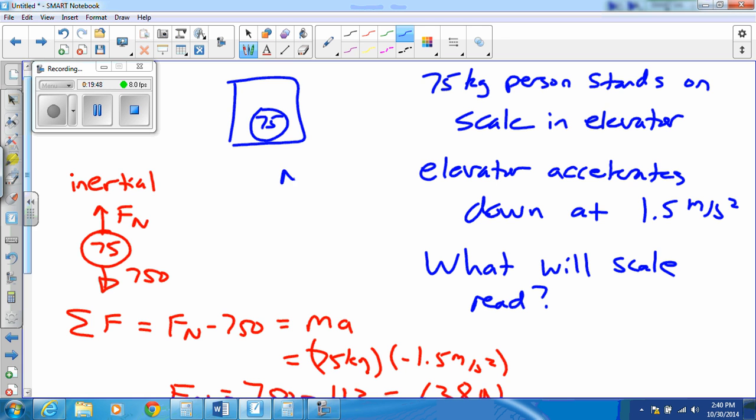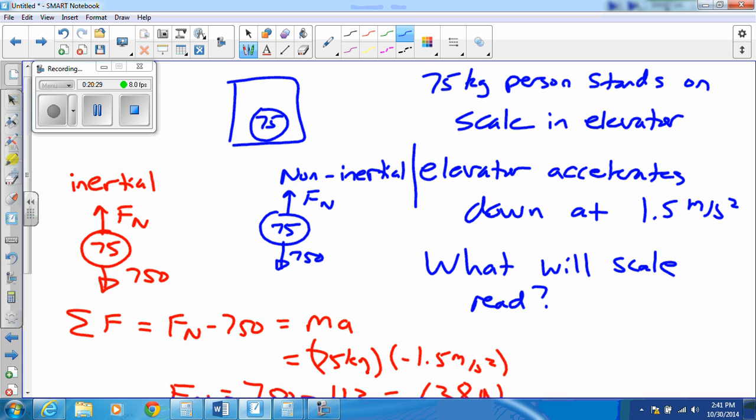Now, let's come back and let's analyze this in a non-inertial frame. We're going to put ourselves in the position of the person inside the elevator now and feel what they feel. In our non-inertial reference frame, we have still mg pulling straight down, and still Fn pushing up, but now we are going to introduce the fictitious force, and that fictitious force is going to be equal but opposite to mass times the acceleration of the elevator.